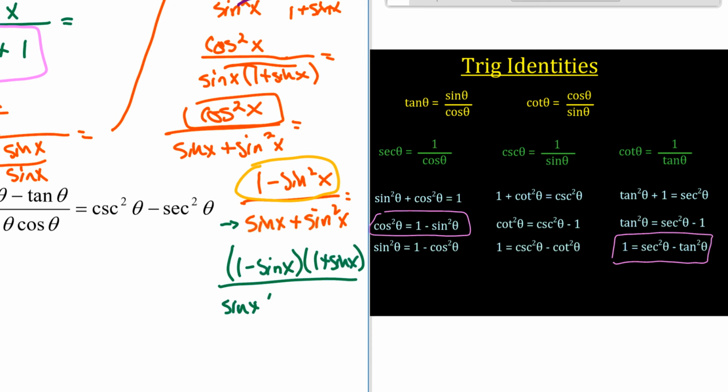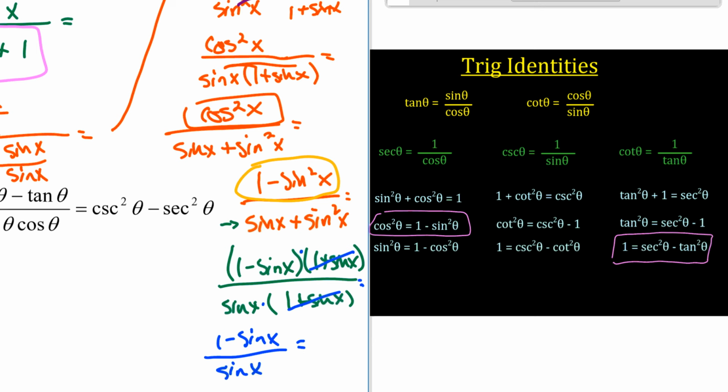We could pull out a sine x, and so it would be 1 plus sine x. So what I can do is cancel out the 1 plus sine x on top and bottom, because if you notice, they're multiplied by things, so you can cancel those out. So now we end up with 1 minus sine x over sine x.